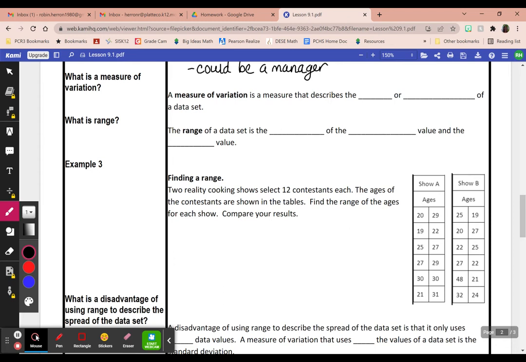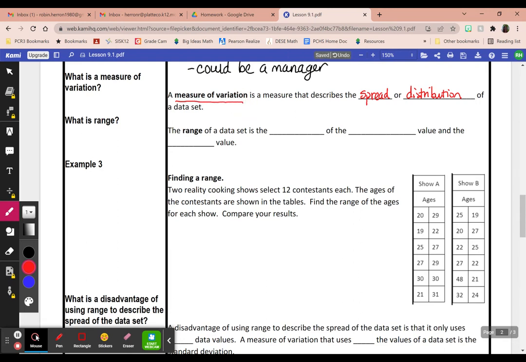Okay. A measure of variation is a measure that describes the spread, or the distribution, of the data set. So measure of variation is what we're looking at here. One of those is range.